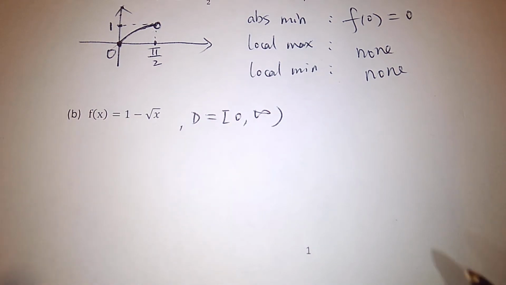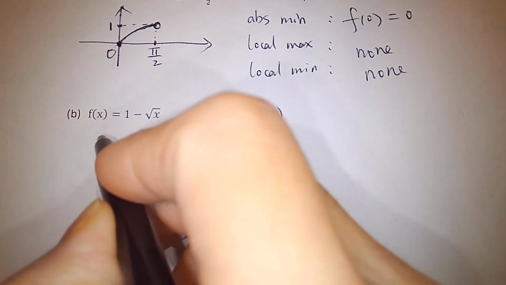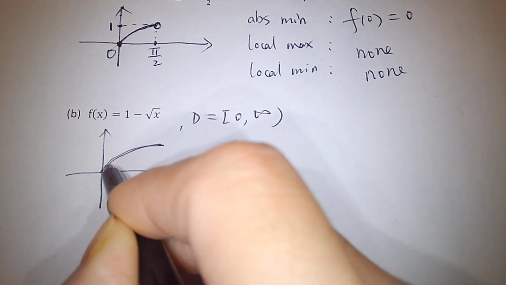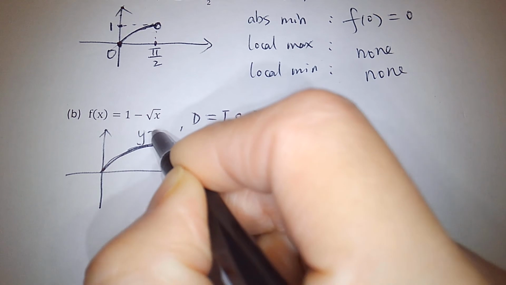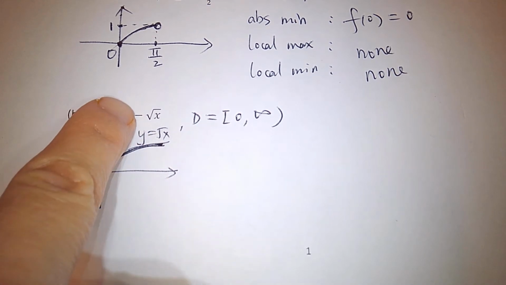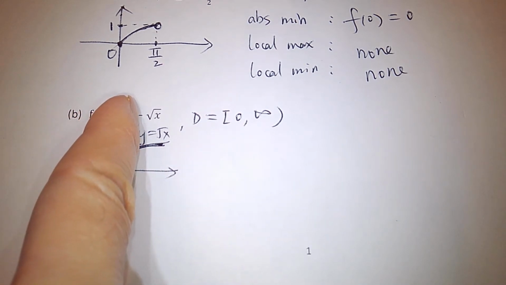How did you get that? Oh, just because the negative sign flips it. This is a regular y equals square root of x, right? Remember we did transformations, right? So what is y equals negative square root of x?